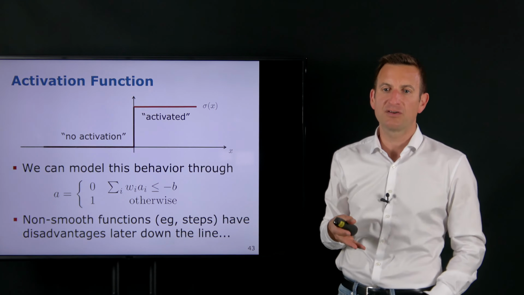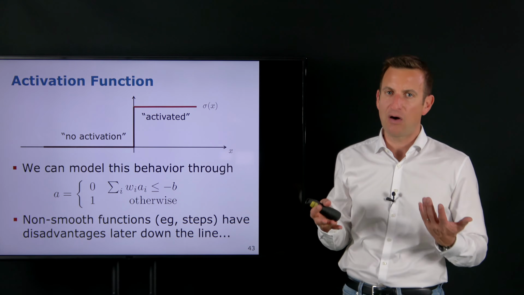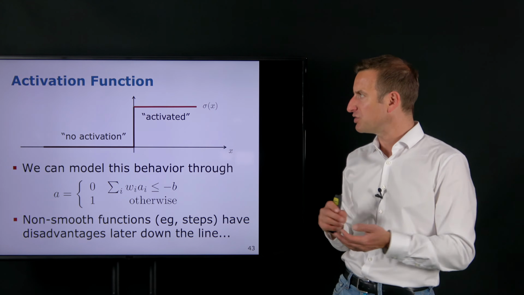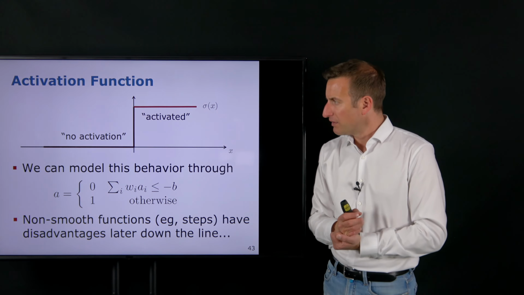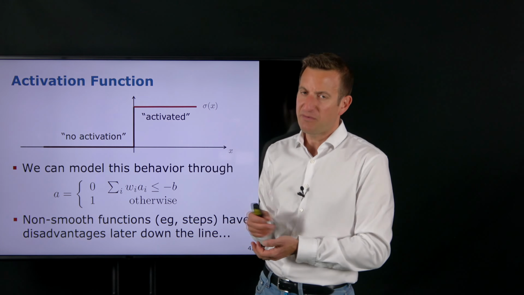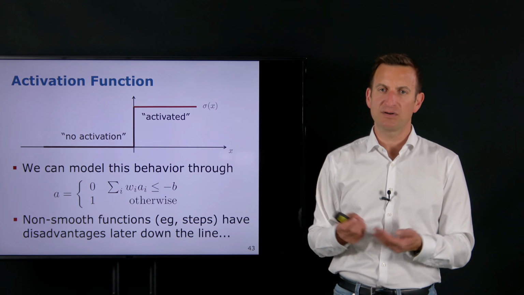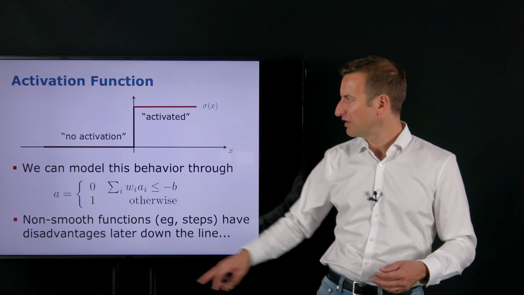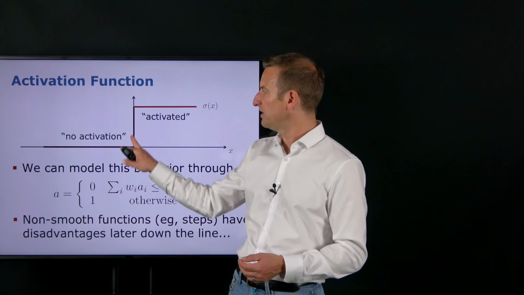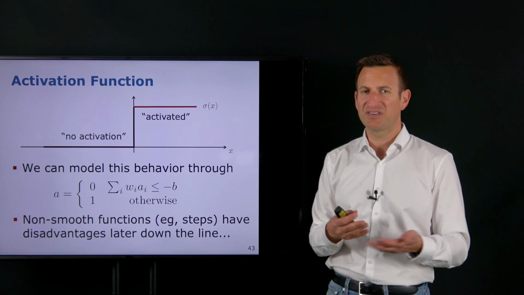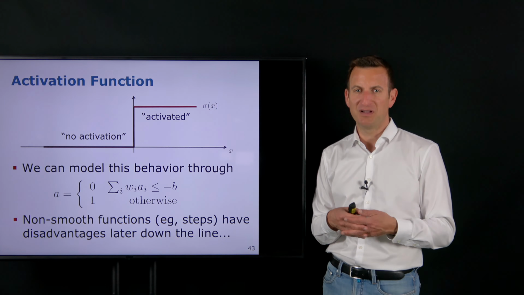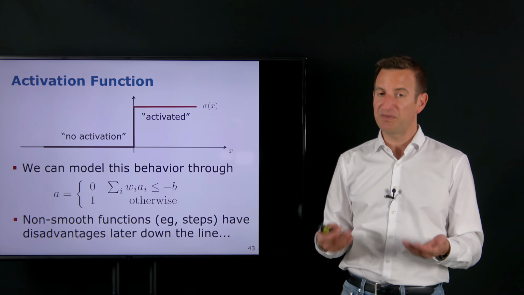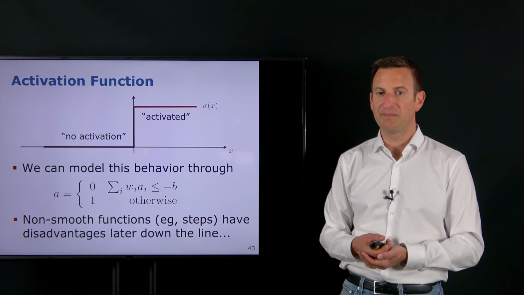And this is an analogy to how I could interpret a biological neuron, let's say that way. The problem with step functions is whenever we do optimizations later on or try to find parameters, step functions are always hard to optimize because there's basically no gradient here, no gradient over here, and an infinite gradient over there. There's always something which is suboptimal in terms of optimization problems.